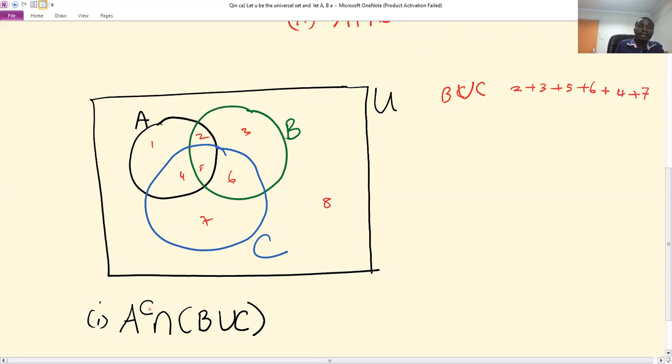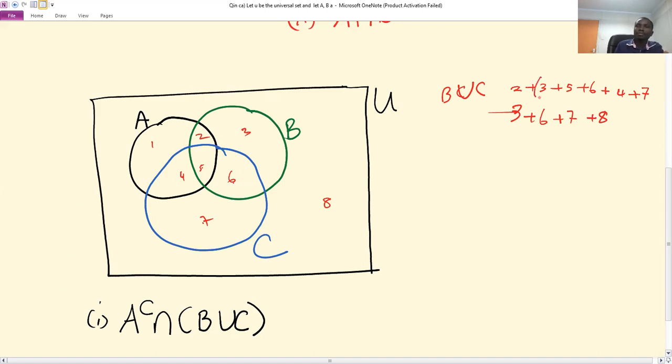And then A complement means what is outside A. What is outside A is region 2, region 3, region 6, region 7, and region 8. The intersection means the common points between A complement and B union C. So what is common between these?